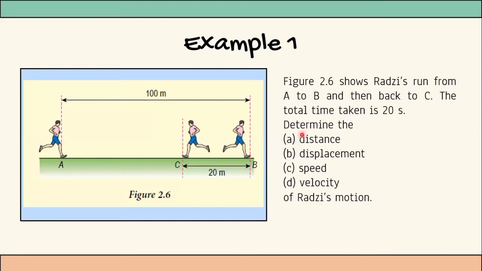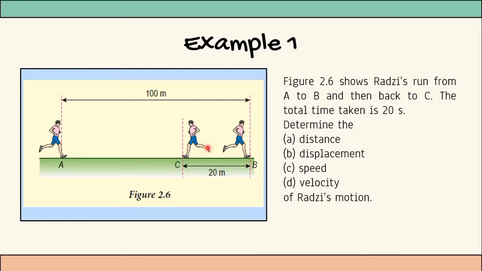In this example one, the figure shows a path from A to B and then back to C. The total time taken by Razi is 20 seconds. Determine the distance, displacement, speed, and velocity of Razi's motion. First, how do we determine these?